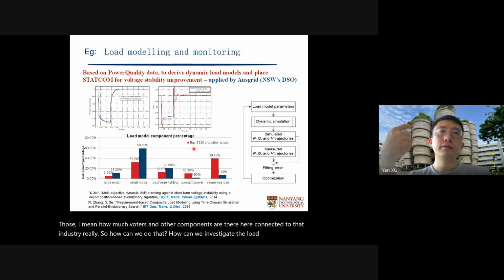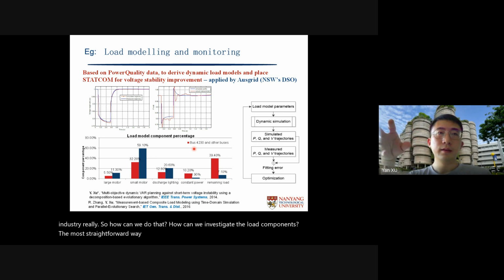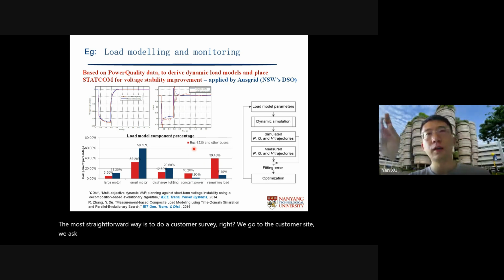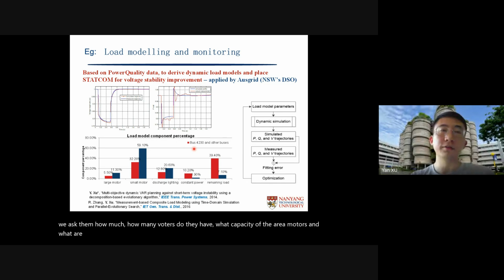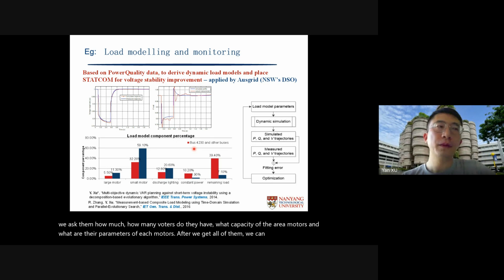The most straightforward way is to do a customer survey, right? We go to the customer site, we ask them how many motors they have, what the capacity of their motors is, and what the parameters of each motor are. After we get all of them, we can build an entire model.